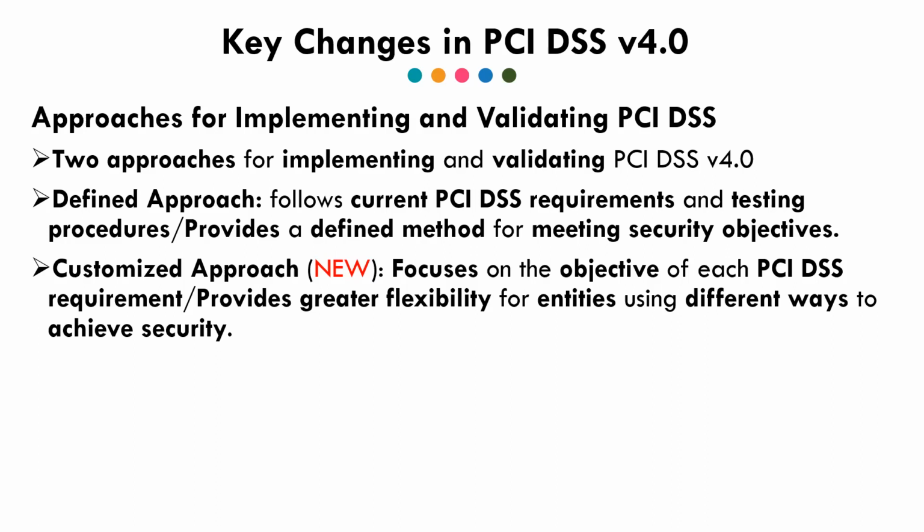So what do I mean by this? Instead of following a requirement, for example, implement a multi-factor authentication, an organization can choose to use a customized approach whereby they are not going to do that. They are going to do something else that equally provides the same level of security or even more security. I hope that makes sense.